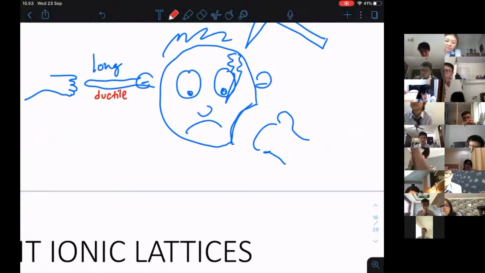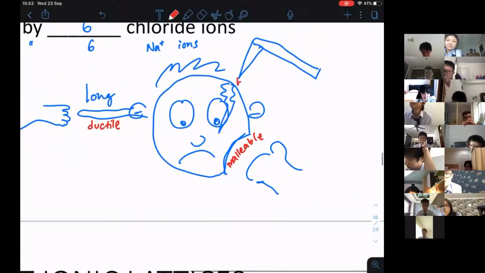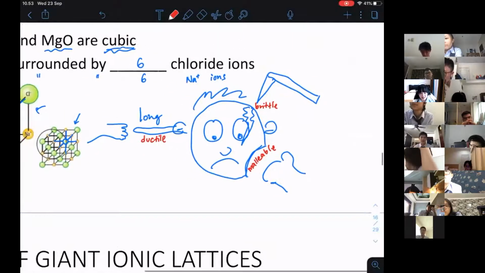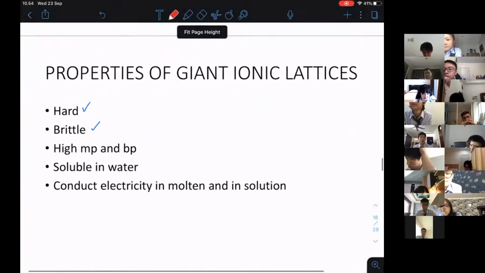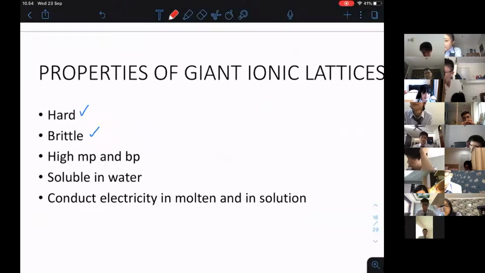This is called malleable. If something can break easily, we call it brittle. Of course this is not representing metal, it's just concepts. Brittle means they can be broken easily.